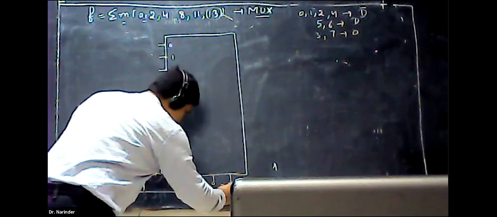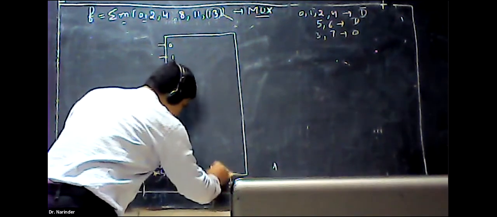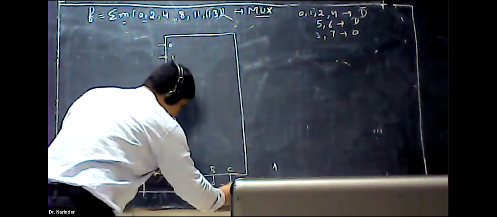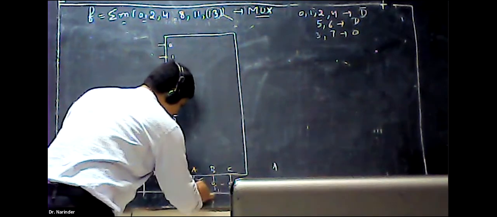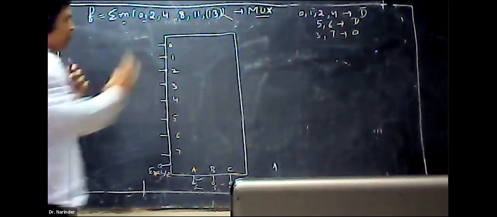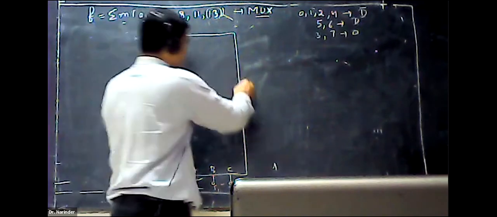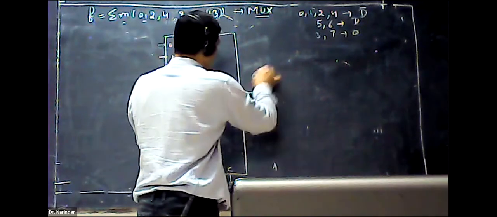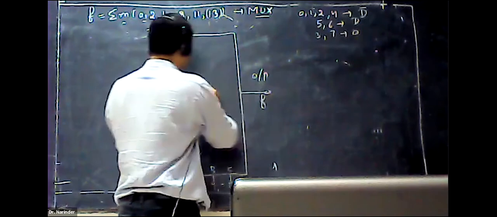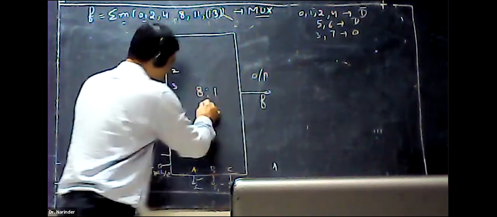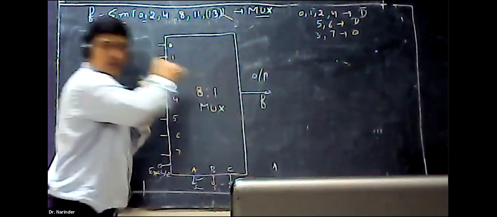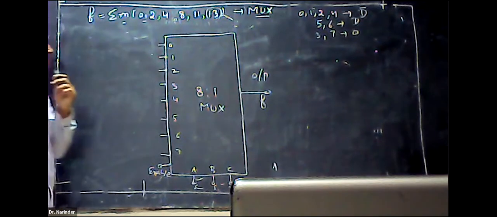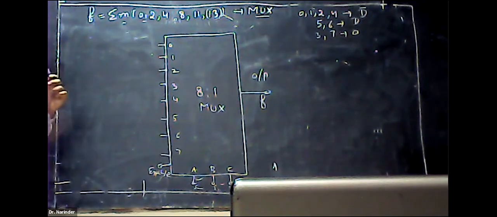You can write A, B, C or S0, S1, S2, whatever you need. Here we are using ABC. You have to use ABC along with it. Output F. This is the 8:1 mux. We have D and D bar.